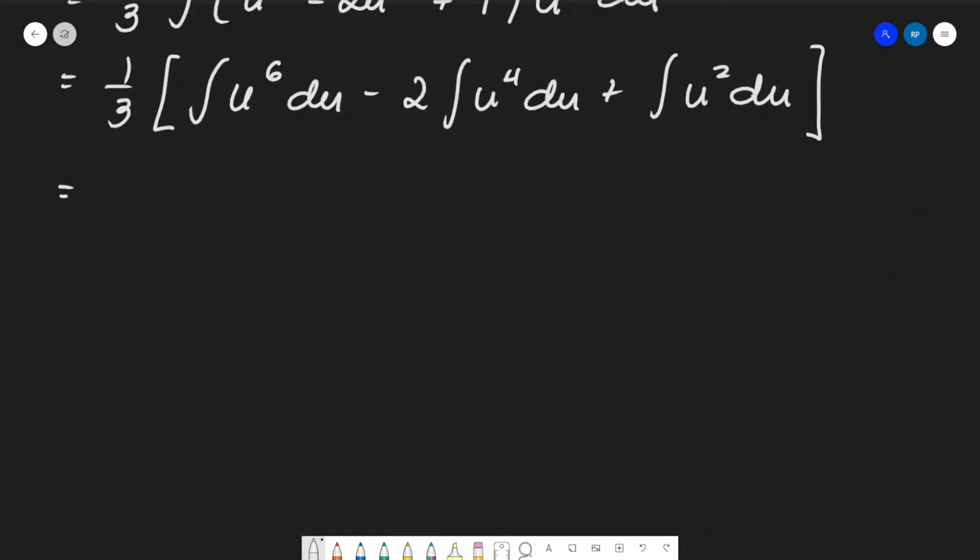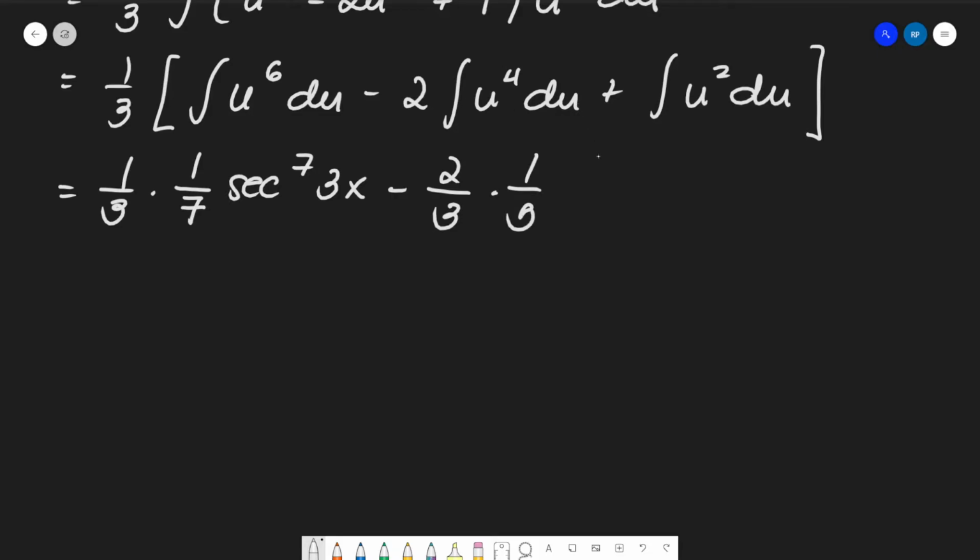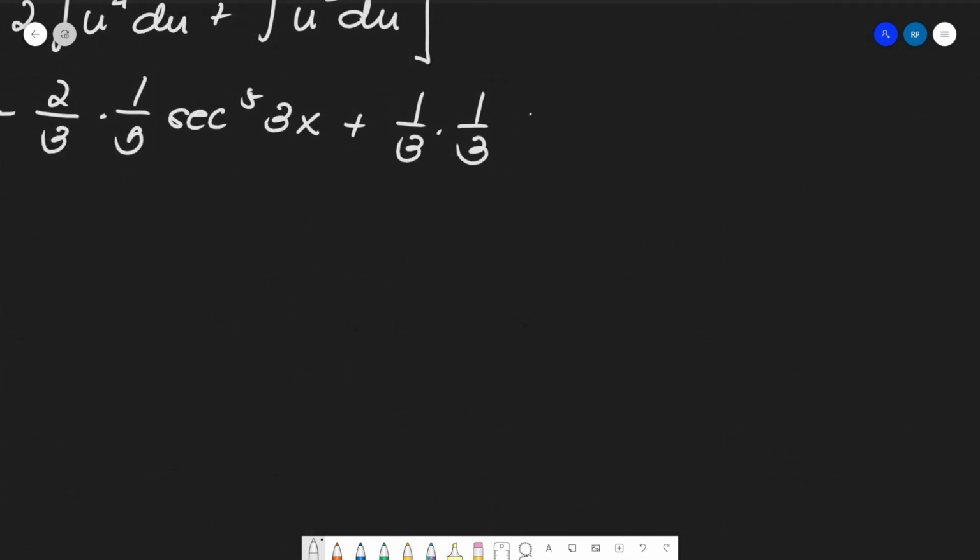So, 1/3 times 1/7. Ano nga yung value ng u natin dito? So, we have secant 3x. So, secant to the 7th ng 3x minus 2/3 times 1/5, secant to the 5th ng 3x plus 1 over 3 times 1 over 3, secant cube ng 3x plus c. Okay?